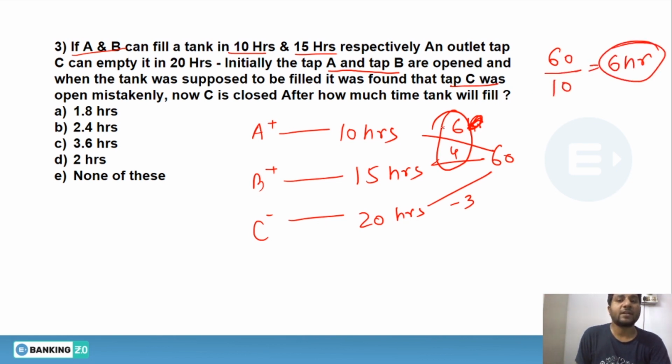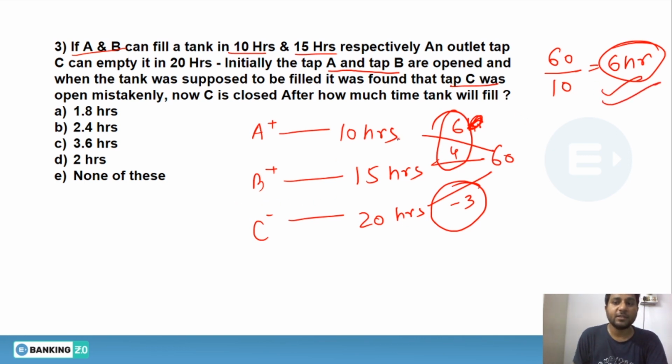That means after 6 hours, a guy who was supposed to come and switch off the pump realizes that tap C was open mistakenly and had been kept open for 6 hours.